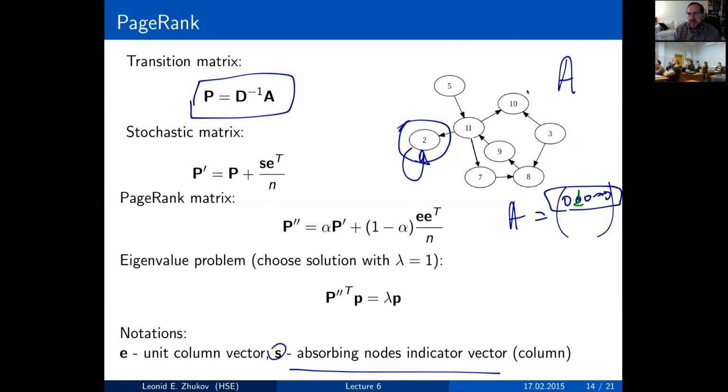Another way, which is used more and is more traditional, is adding random links to this particular node, by allowing virtual links from this node to every other node in the graph.